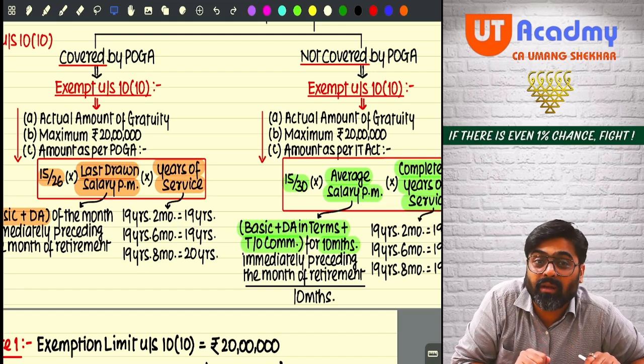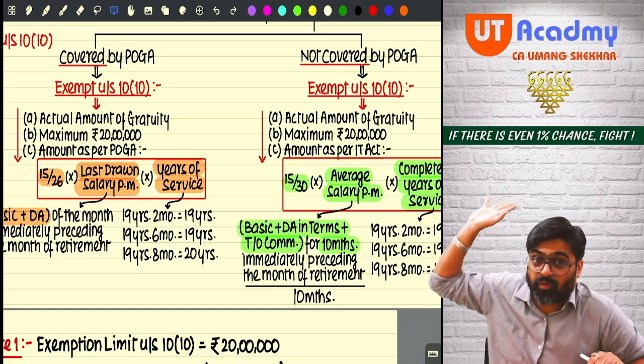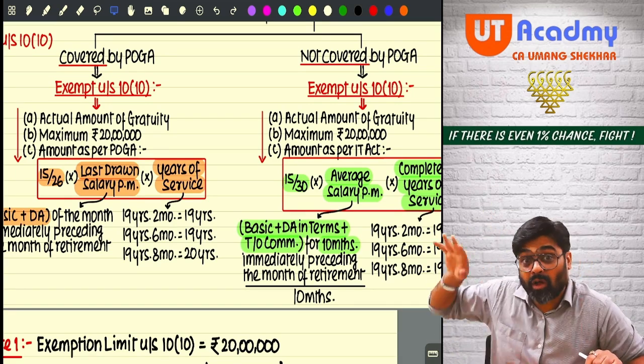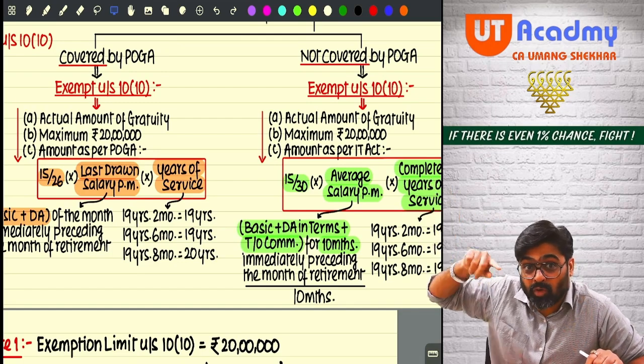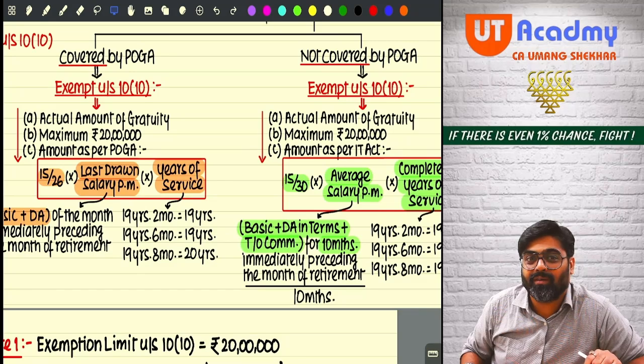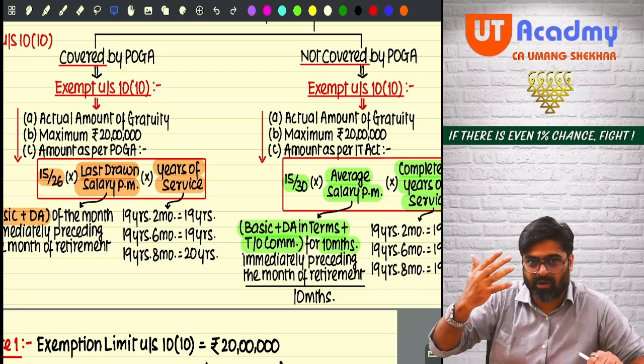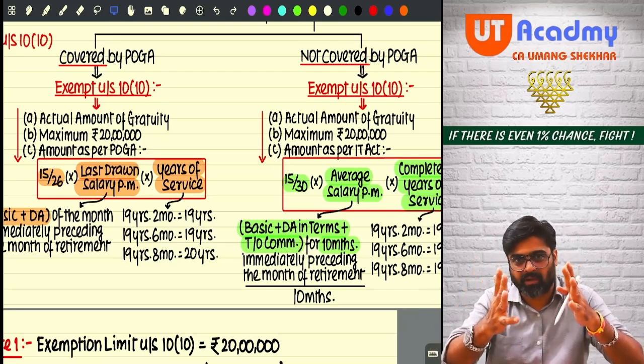It is possible that prior to this, you were employed somewhere. In your earlier employment also, you might have got gratuity. Whether you are a government employee, non-government employee, covered by POGA, not covered by POGA, we are not worried about that.